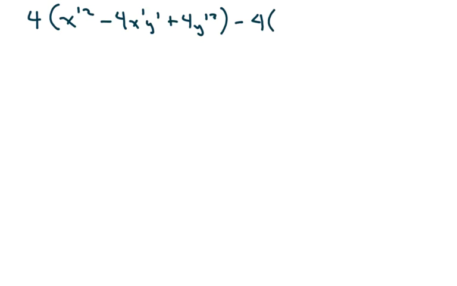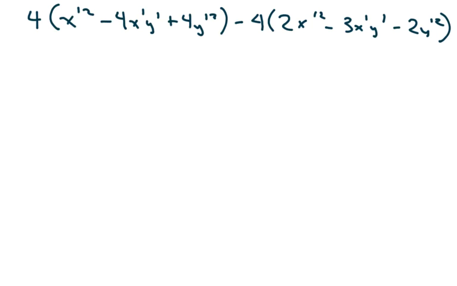We're going to get 4, and I'm squaring all this out too. x prime squared minus 4x prime y prime plus 4y prime squared, minus 4 times 2x prime squared minus 3x prime y prime minus 2y prime squared.